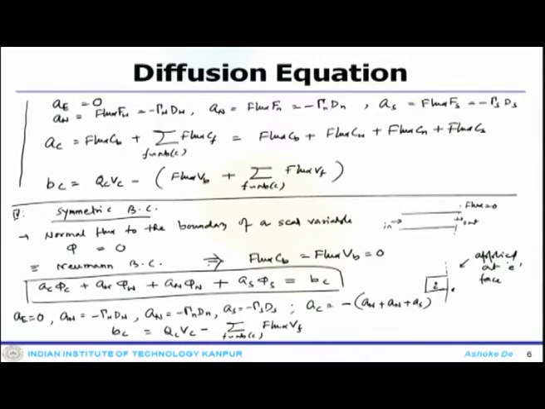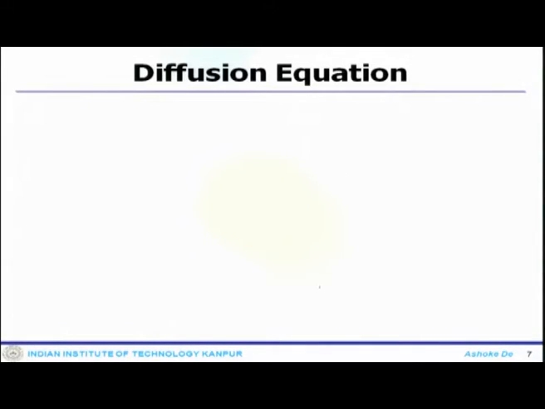In all these cases we have applied the condition at the east face. If we apply the condition on the other faces, then the respective coefficients will go away and the equivalent contribution should appear in the source term. That talks about the application of this boundary condition.